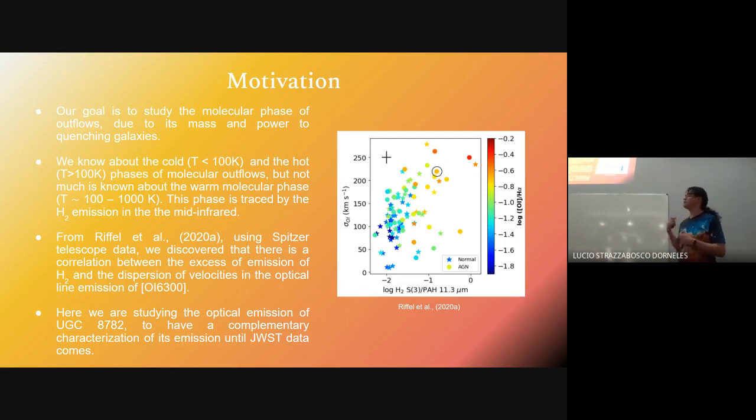We are not studying in this specific paper the infrared data from this galaxy, the spatial information. This paper was idealized to complement the characterization of the emission of this galaxy in the optical wavelengths.